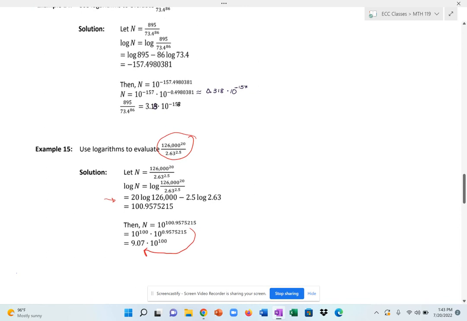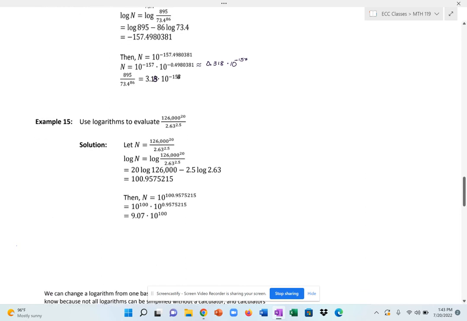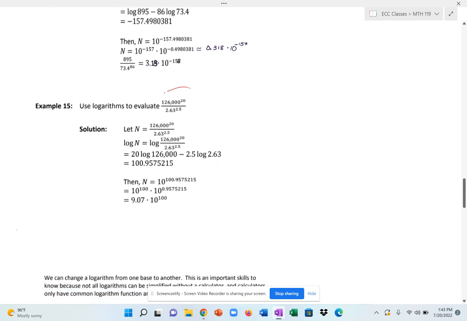So 9.07 times 10 to the 100th is your answer, which is, again, a very big number. If you can imagine moving your decimal 100 places to the right and adding in 98 zeros, this would be a very large number. Okay, so that's a way of getting an answer without relying on the calculator to just compute that for you.